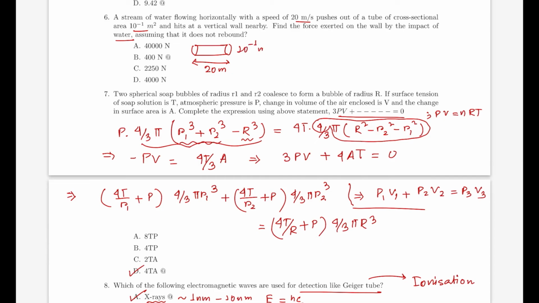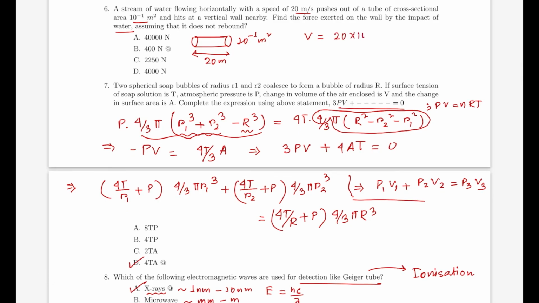So the volume coming out per second is 20 into 10 to the power minus 1, that is 2 meter cube. So it has a mass 2 into rho, which is 2 into 10 to the power 3, which is 2000 kilograms. So per second 2000 kilogram of water is coming out of the tube with a speed 20 meter per second.